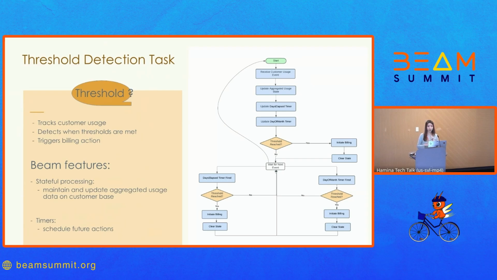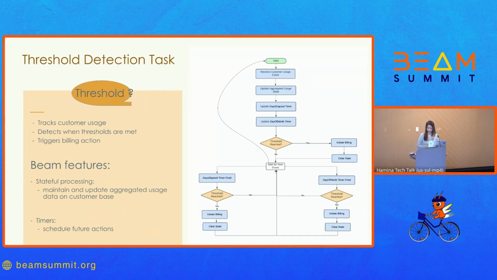It can be a dollar threshold or timer threshold. Our threshold detection task is really important for usage-based billing. It tracks customer usage, detects when thresholds are met, and triggers the billing actions. This process needs to be reliable and scalable and able to handle both real-time processing and time-based checks.